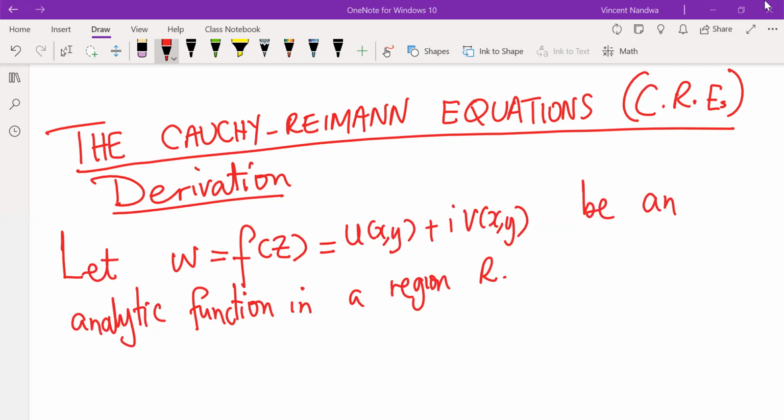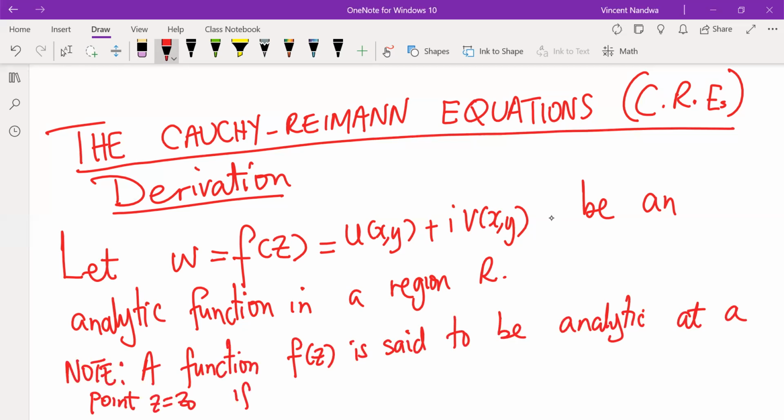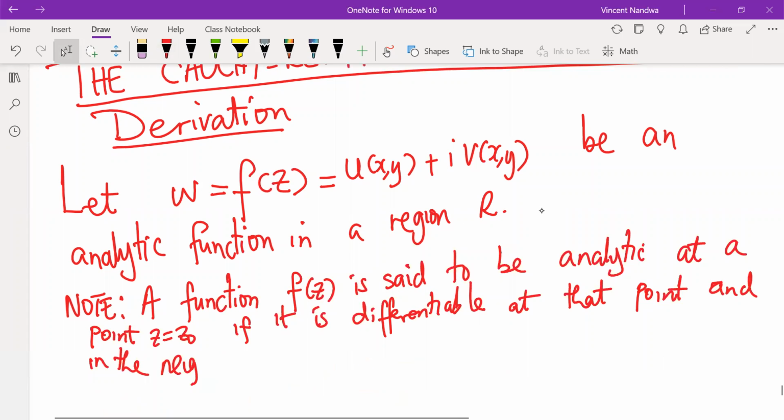And then when we say that a function f of z is said to be analytic at a point z equals z naught, it means it is differentiable at that point and in the neighborhood of this point.